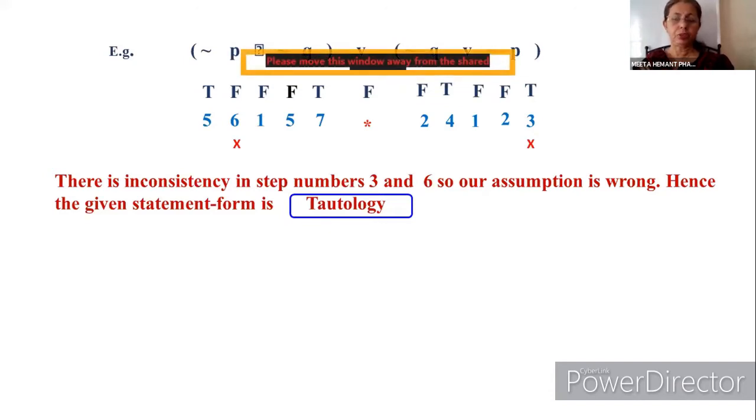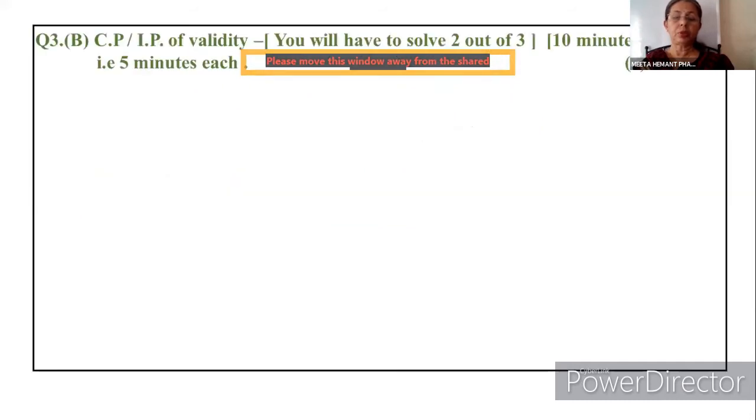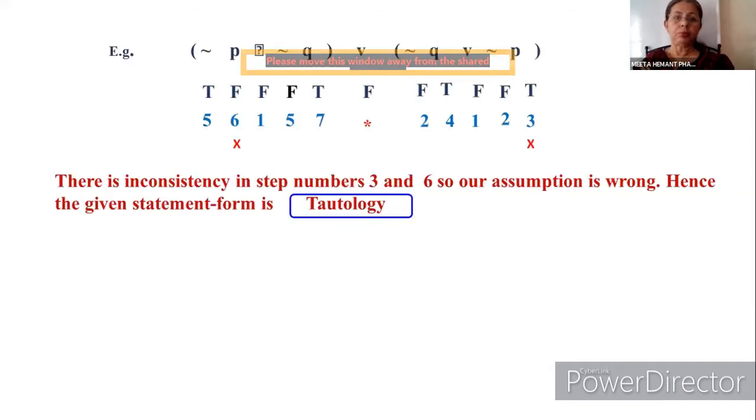So our assumption is wrong. What have we assumed? False. Always we have to assume false because it is an indirect method, isn't it? So we mark the inconsistency and say that our assumption is wrong, and hence the given statement form is tautology. You already know tautology means all true below the main connective.